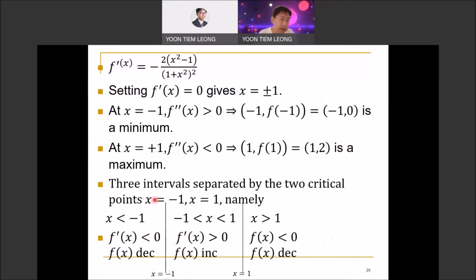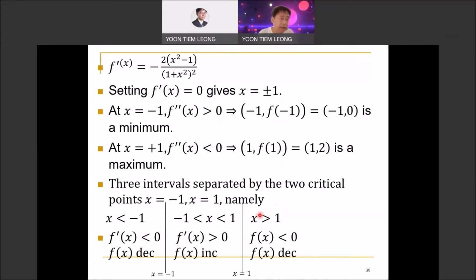Let me say it again. After you have obtained the critical points and identified that they are a local maximum and local minimum, you proceed to separate the function into regions: x less than minus 1, x between minus 1 and 1, and x greater than 1. Then you decide the sign of f prime in each region.